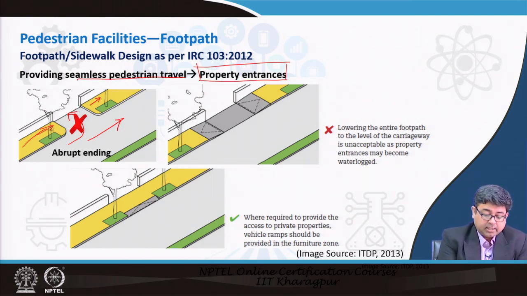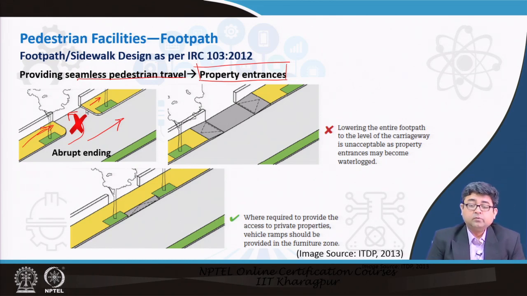But this is not taking into account that there are a lot of people walking on those footpaths. So, why should we not provide them with a seamless entry as well? What sometimes people do is they provide such kind of slopes at property entrances.